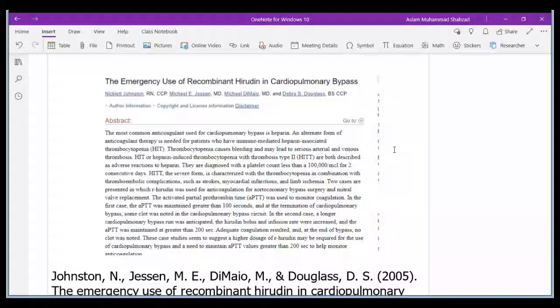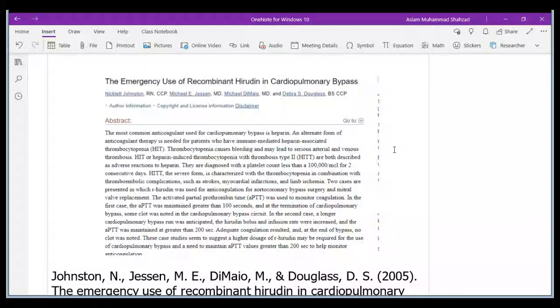We also recommend this drug to those patients who may have more chances of becoming thrombocytopenic, especially immune-mediated heparin-associated thrombocytopenia. So in this case as well, we have an alternative to heparin that can be given. You can read the abstract.